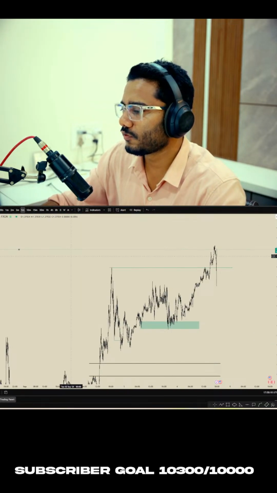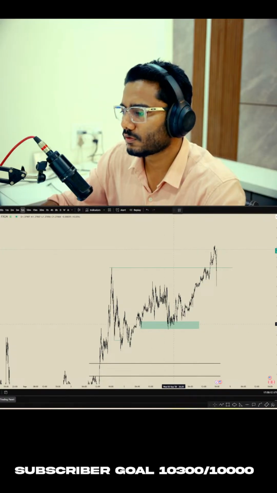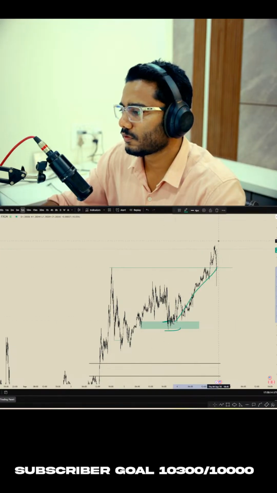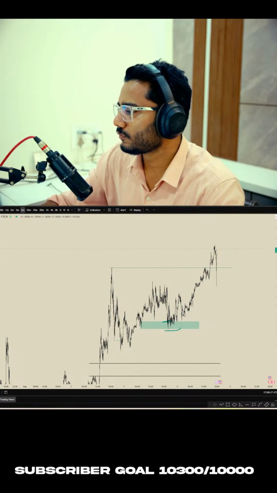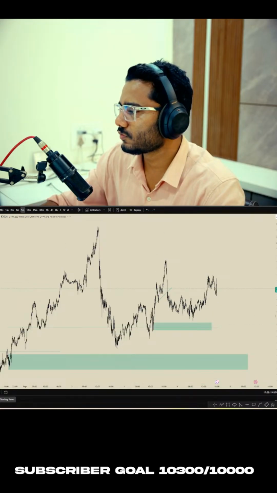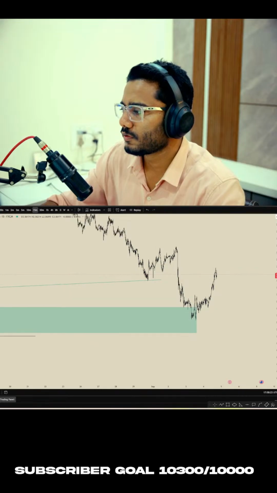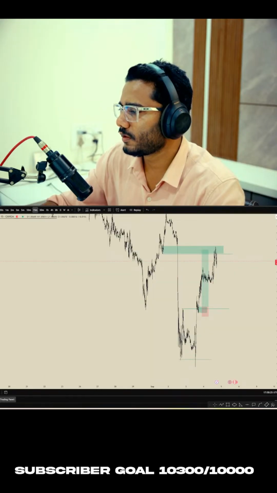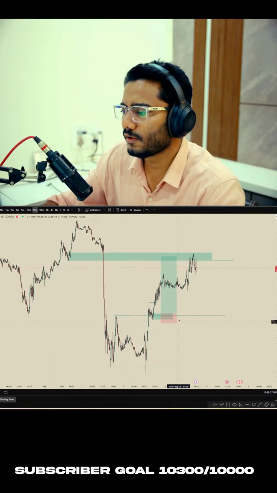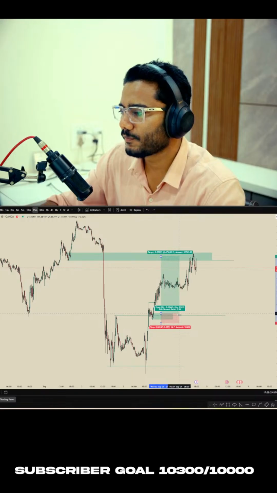USD CAD went to the upside, so this was also given yesterday. GA was also shared. GBP CAD, price missed our entry on GBP CAD.